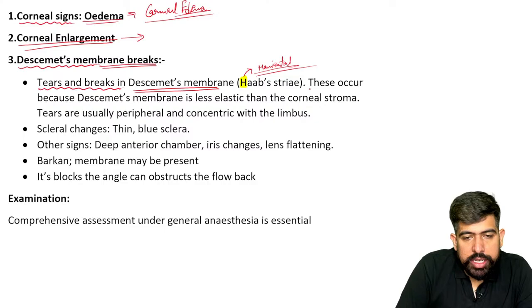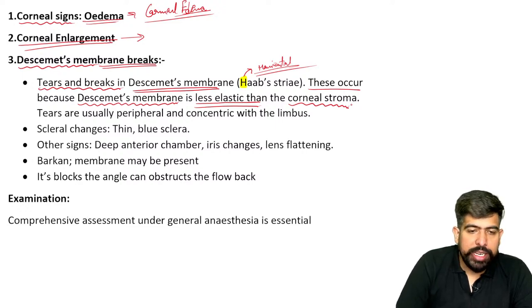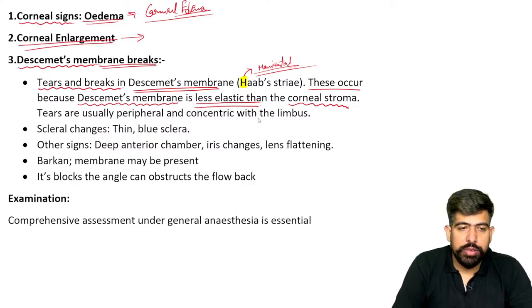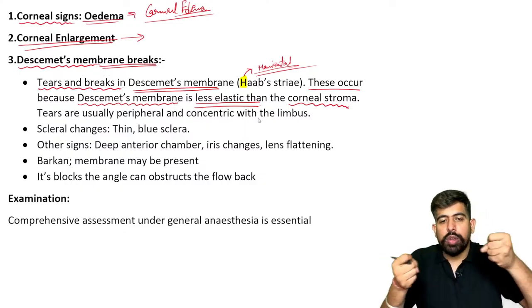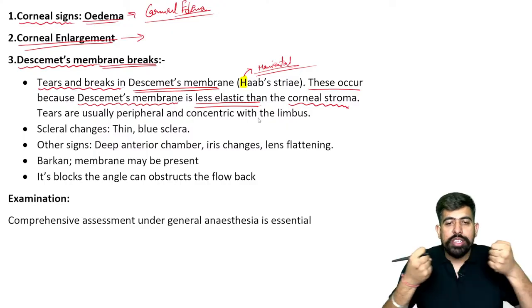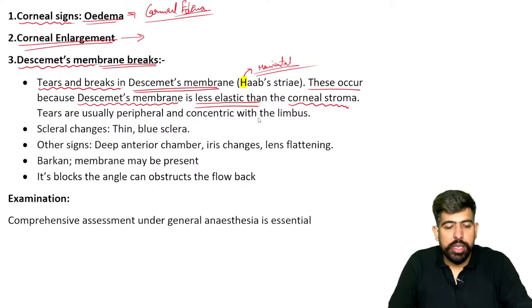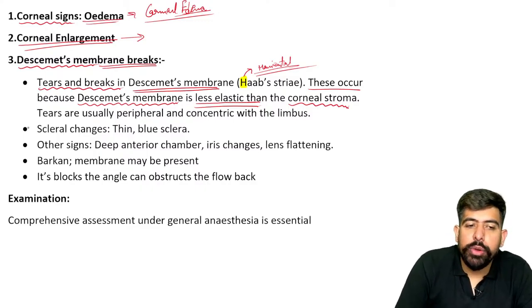And please remember about it, these occur because the Descemet membrane is less elastic than the corneal stroma, because the stroma is very thick and very big, right? So due to this, it has elasticity, but the Descemet membrane is non-elastic, not so elastic. So that's why it gets stretch marks, or we can say striae marks, or if there is more stretching, it may break or a tear can be seen over there.